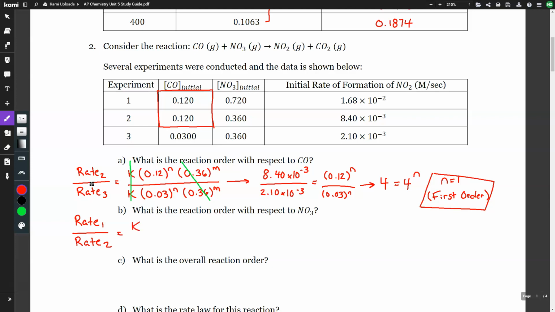So for experiment 1, we'll have K, and our concentration of CO is 0.12. For NO3, the concentration is 0.72. And then for experiment 2, same thing, K, 0.12 for our CO, and then NO3 is 0.36.